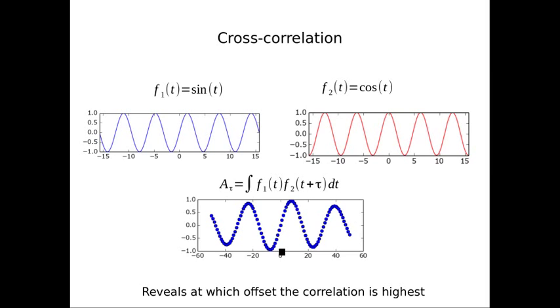Notice that this here, it doesn't peak at 0 because the functions aren't best aligned at 0. They're actually best aligned around here at a slight phase lag. So doing this analysis can actually tell us at which offset the correlation is highest between two functions.